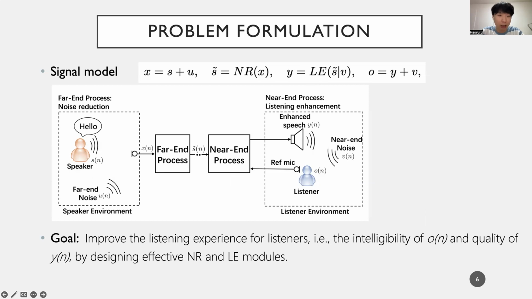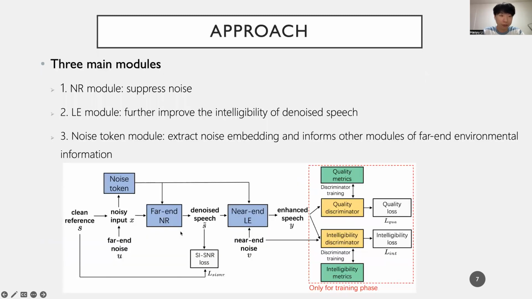The output is denoted as Y, the enhanced speech. Finally, the signal observed at the listener end is denoted as O, which is equal to the signal Y plus the near noise U, V. So our goal is to improve the listening experience on the listener side, which is the intelligibility of signal O and the quality of signal Y, by designing effective noise reduction and listening enhancement modules.